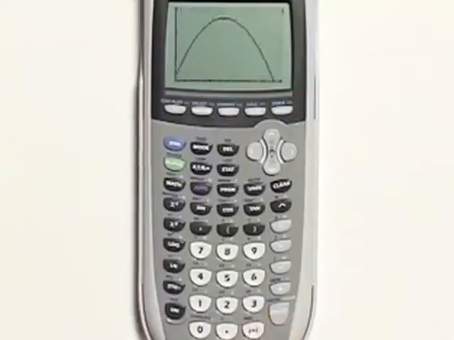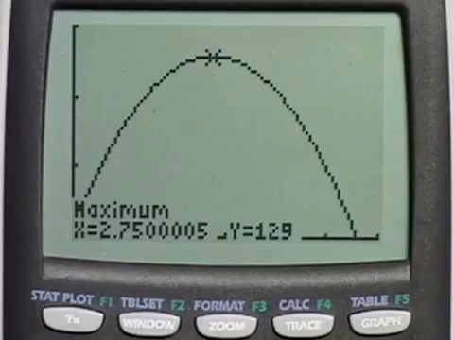Press the Enter key, and it will do the calculation telling us that the maximum is at 2.750005 for the x value, and for the y value, it's equal to 129. So the maximum height is 129 feet at a time of x, which in this case is t, approximately 2.75 seconds.